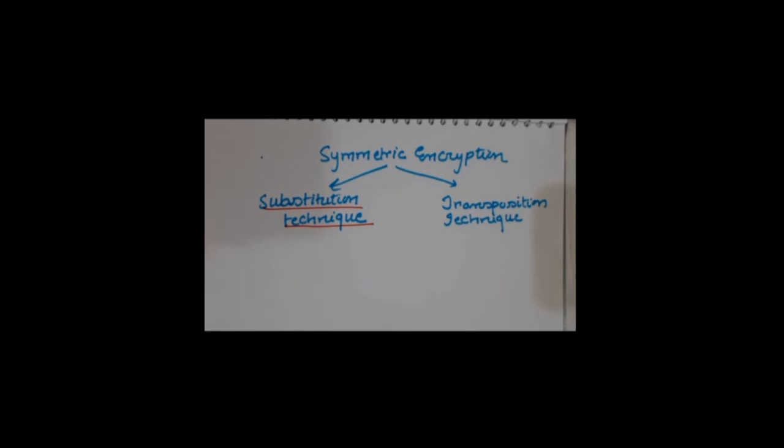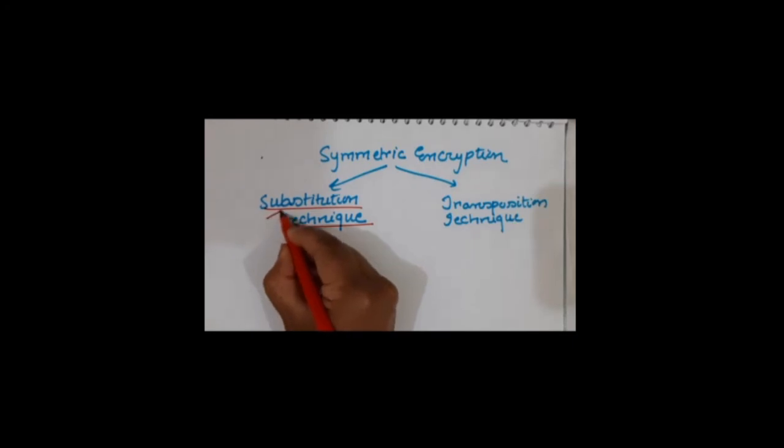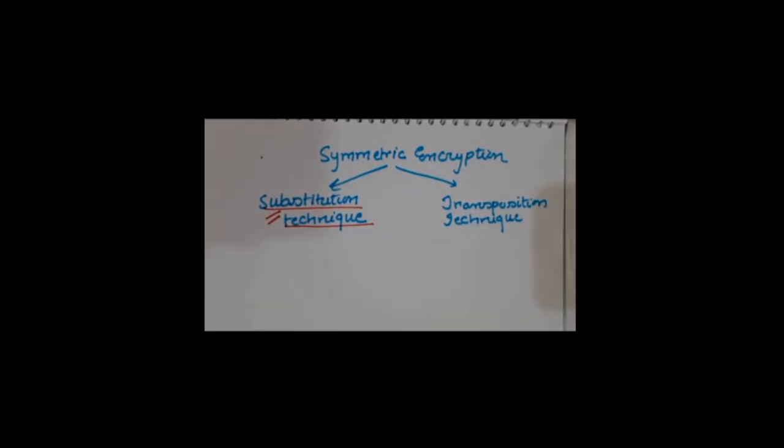There are various types of substitution techniques. Before understanding the types, we'll first understand what we mean by substitution. In layman language, substitution means to substitute some value for the other value. That is called substitution.